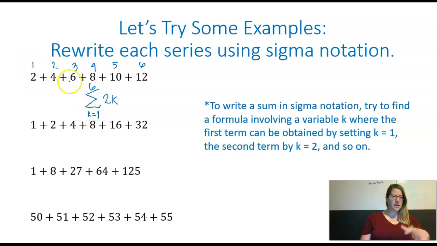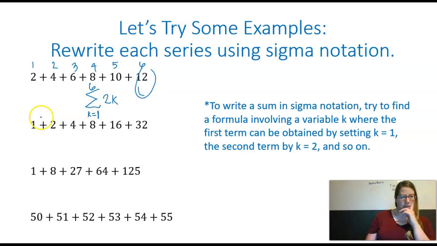When you plug in your second number, it gives you the second term. And then that it ends at this term right here. So if you come up with either a different formula or a different starting and ending point, as long as it works and is true, and every time you plug in one of your index numbers, it gives you the right thing, it doesn't have to be exactly the same as this, okay?